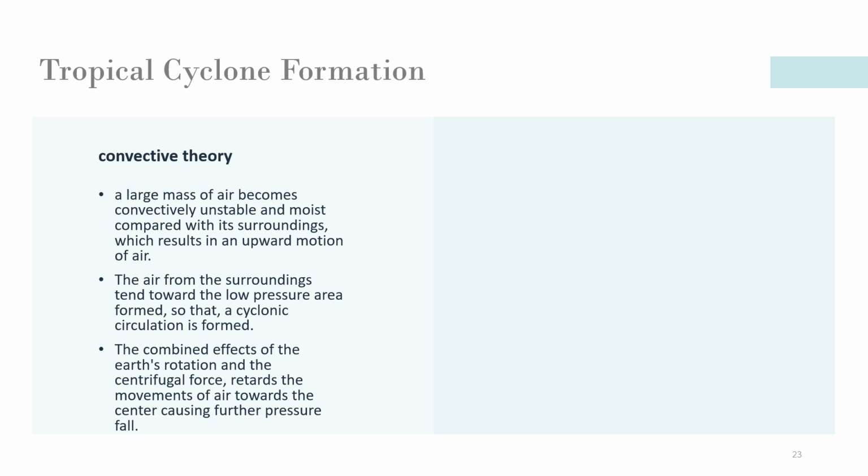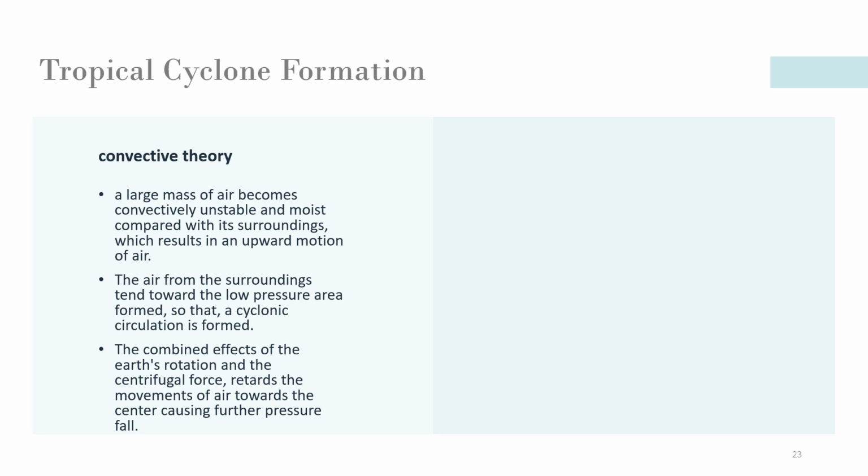So all of this process continues until a vigorous cyclonic wind system is developed. And likewise, the outward flow of the air from the center at the high levels also makes the pressure lower. So this is what composes the convective theory of the formation of tropical cyclones.